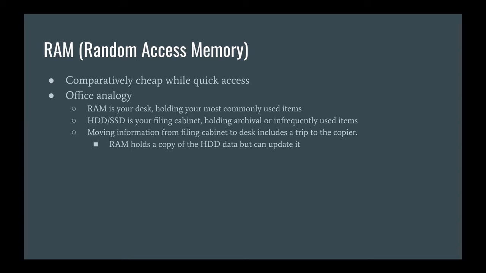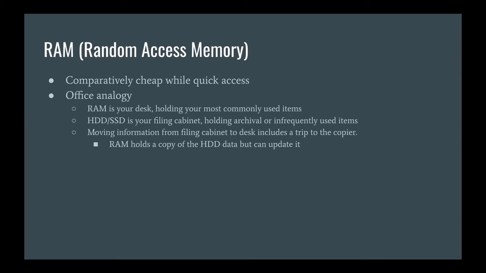So RAM is comparatively cheap while being quick to access, and I created an office analogy to help explain it to those who may not necessarily understand how everything aligns. If you consider RAM to be your desk, then it's going to hold your most commonly used items.